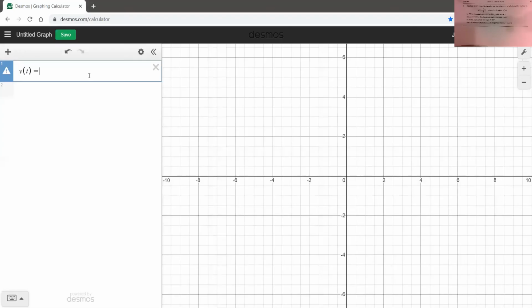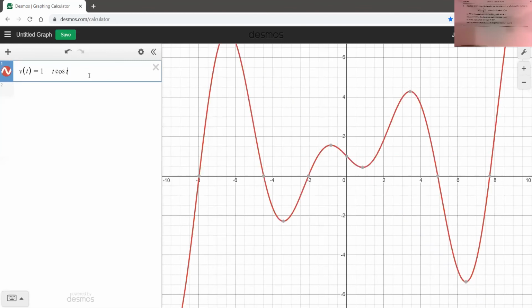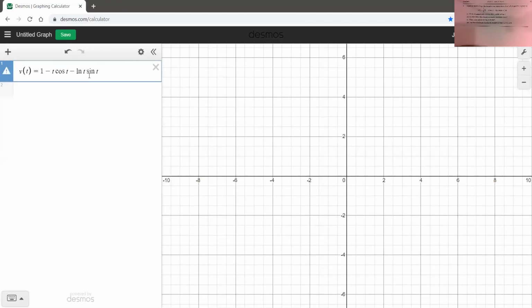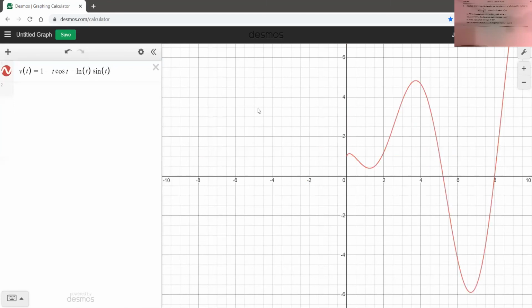V of t is equal to 1 minus t cosine t minus ln t sine t. It doesn't really like this function. Ln of t sine of t. Okay, there we go.